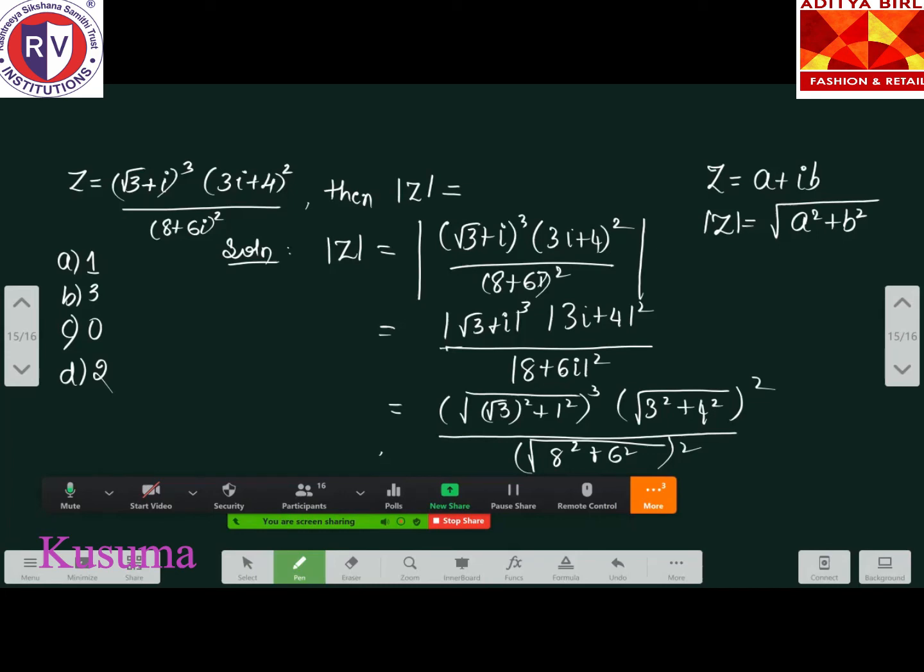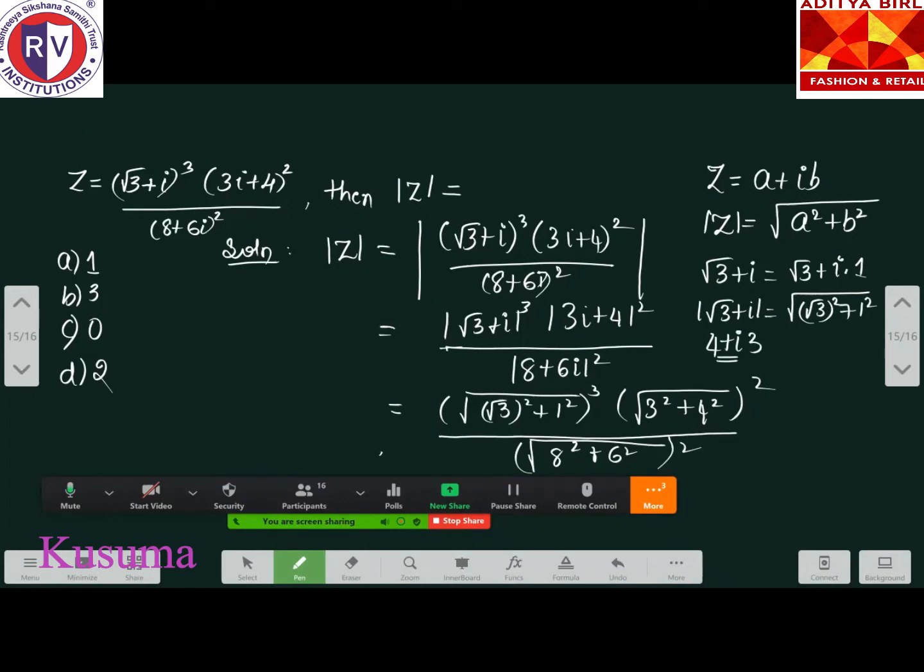So here, this is of the form a plus ib, right? Root 3 plus i is nothing but root 3 plus i into 1. So what will be the mod of this root 3 plus i then? This will be root of this root 3 whole square plus 1 square. Okay. So similarly here it is 3i plus 4, or it is nothing but 4 plus i into 3.